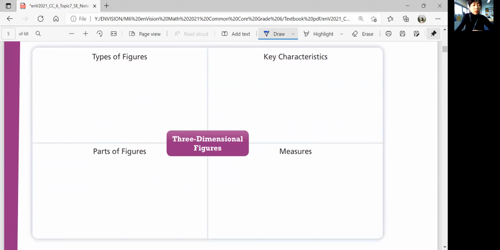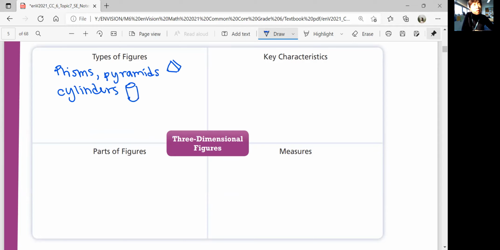What about three-dimensional figures? What are some types of three-dimensional figures that you know? Well, we have prisms, we have pyramids, okay? And then we have cylinders, okay? And cones, okay? Prisms look like these.